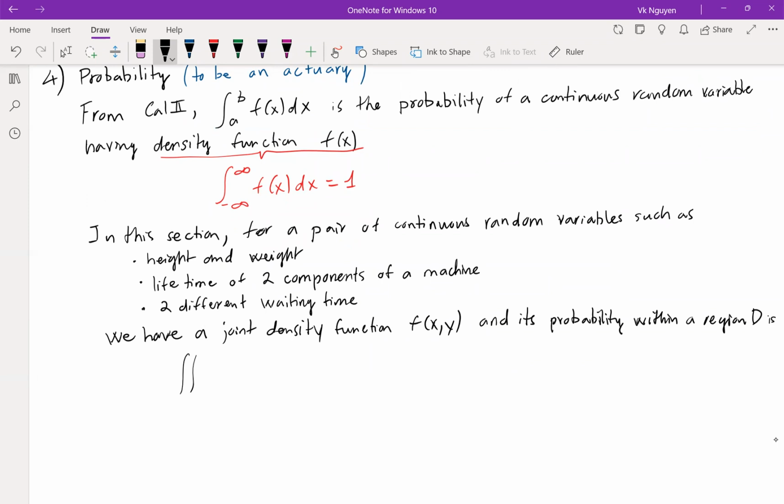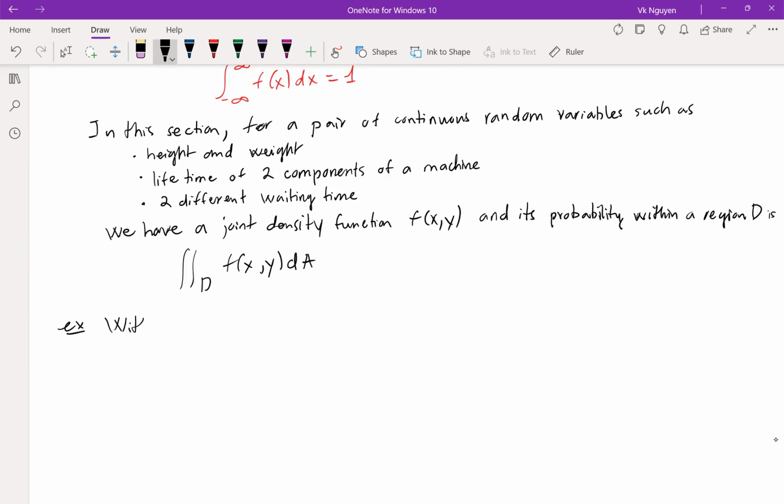Double integral over the region D of fxy dA.